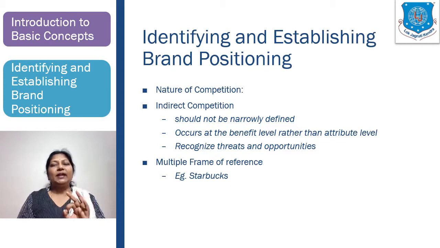Here the points of similarity or POP would be the quality, variety, price, and difference should be the service and convenience. Once the frame of reference is decided, the companies, the target market, and the nature of competition, the marketers focus on positioning.